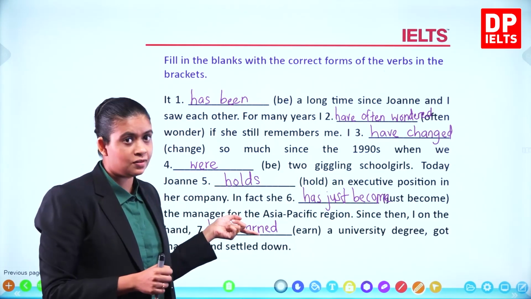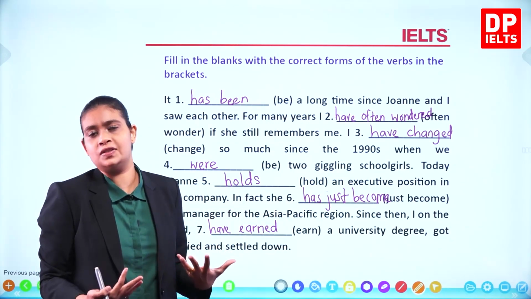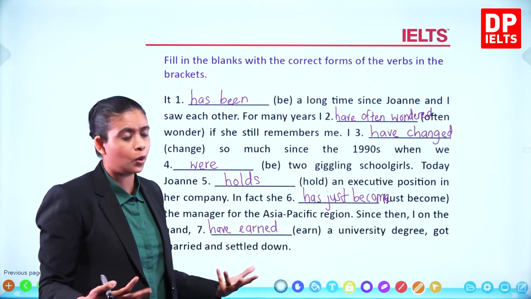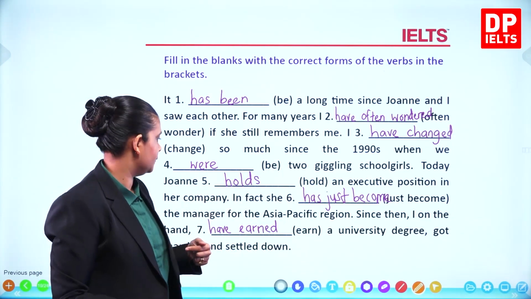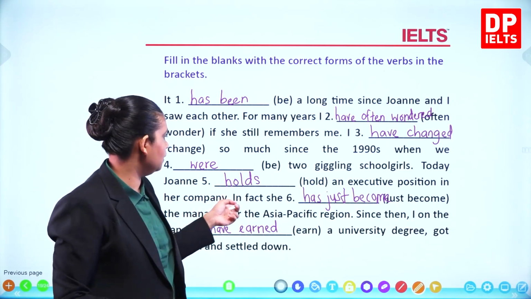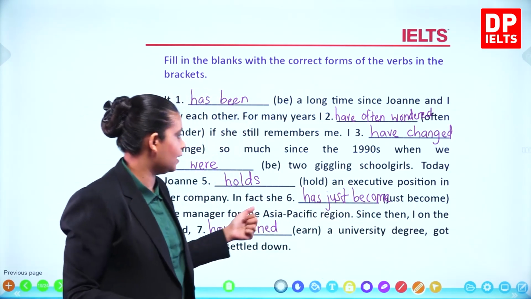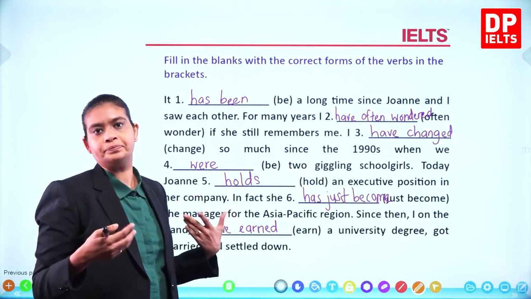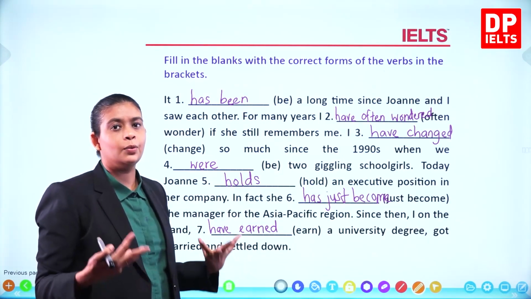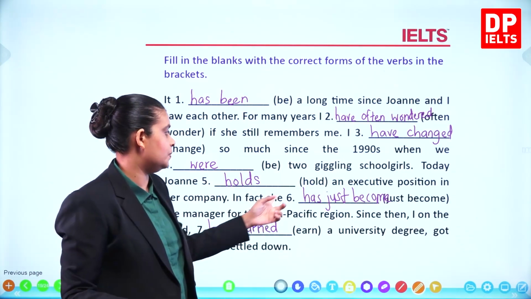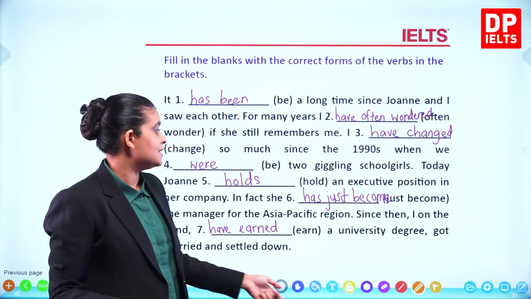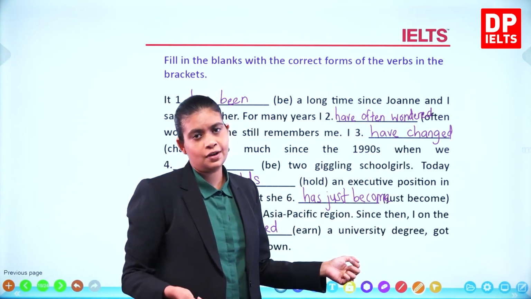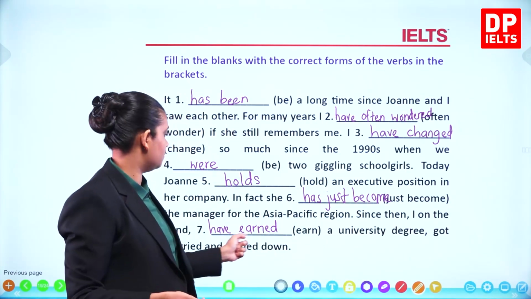At present, she holds because it's a current situation. Okay, she's had it for a long time, so holds. And in fact, she has just become. So just is what? Recent. We don't know exactly when, so it should be in the present perfect. Since then, since is there, so again, present perfect.